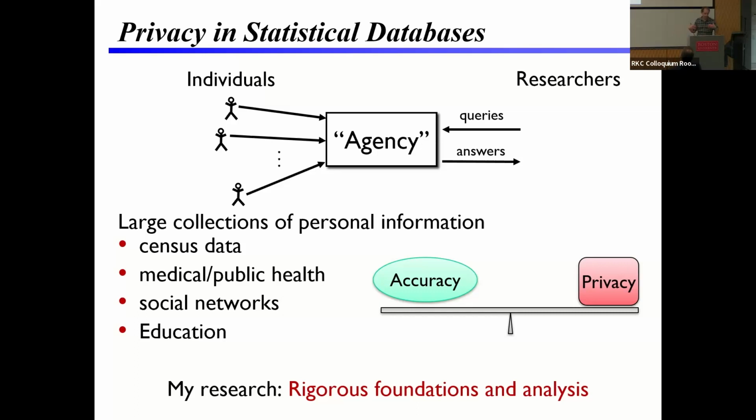That's in contexts from public health, to companies of the kinds we've been hearing about, Meta and Twitter and former Twitter and Google, but also educational data, like BU itself collects lots of information about its students. And so my research is really on trying to understand this broad area and put it on very rigorous foundations and try and quantify as much as possible what we mean by these goals and what trade-offs are necessary among them.